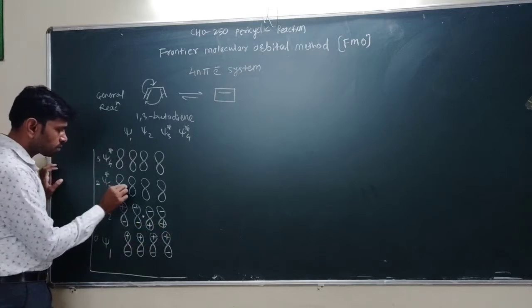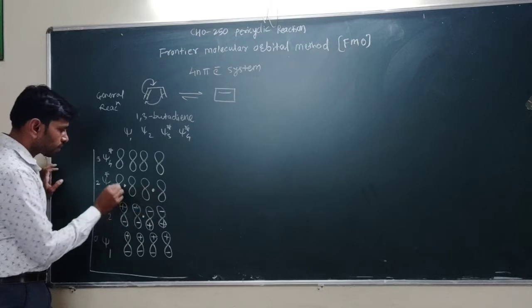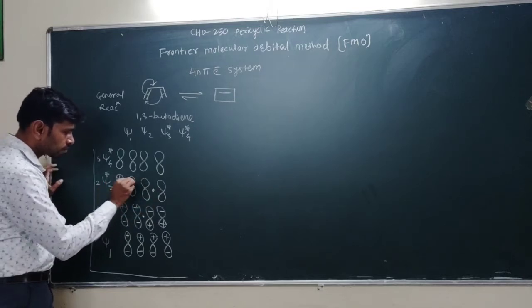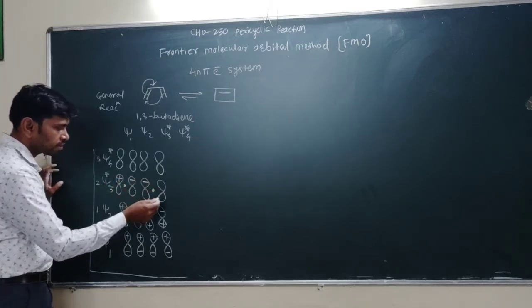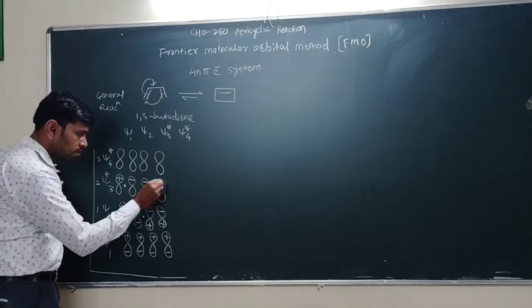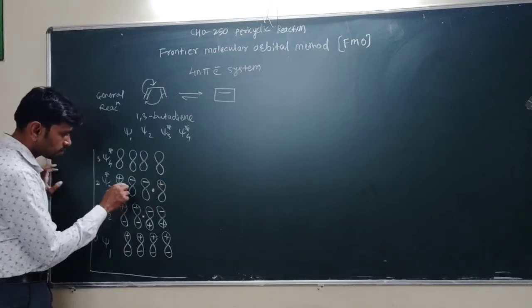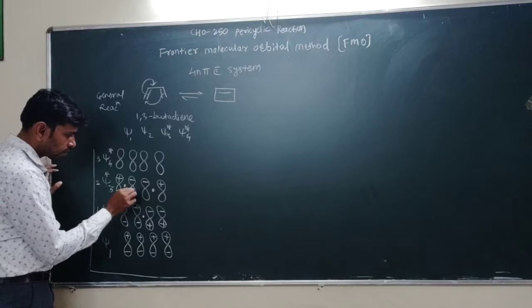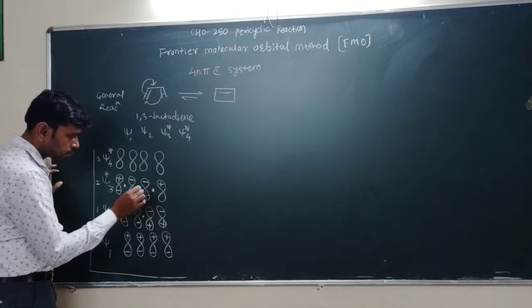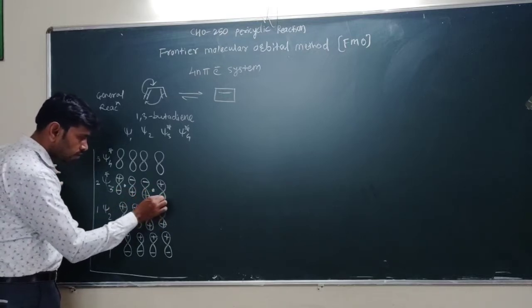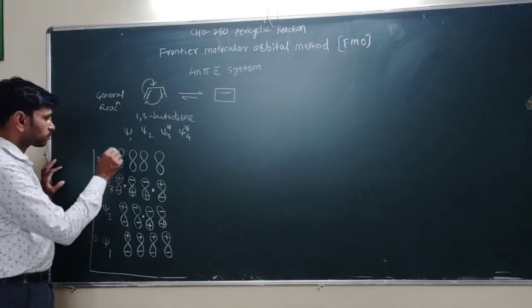Here 2 nodes: plus, after the node it becomes minus, no node so minus remains the same, after the node the sign changes to plus.